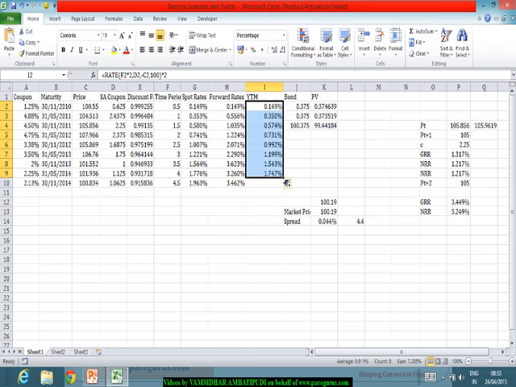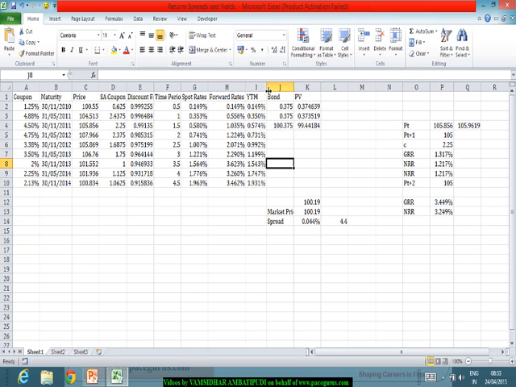Now I can do this for all the securities. What I could see is, this is one single representation of each of these bonds.